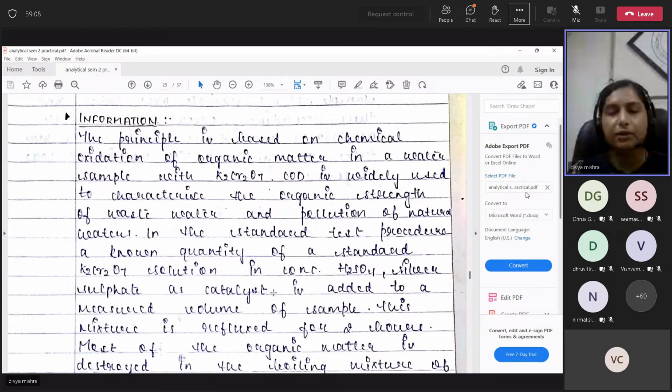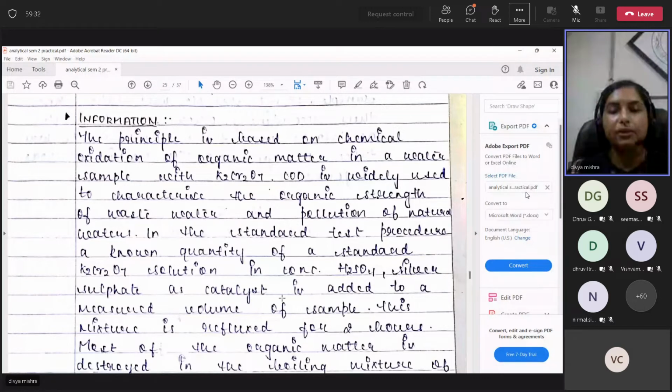Why? Because some aromatic moieties present in the system resist oxidation. We may also have straight chain aliphatic moieties, but when we add this silver sulfate, it will speed up the oxidation of these aliphatic chain moieties. So this will act as a catalyst.